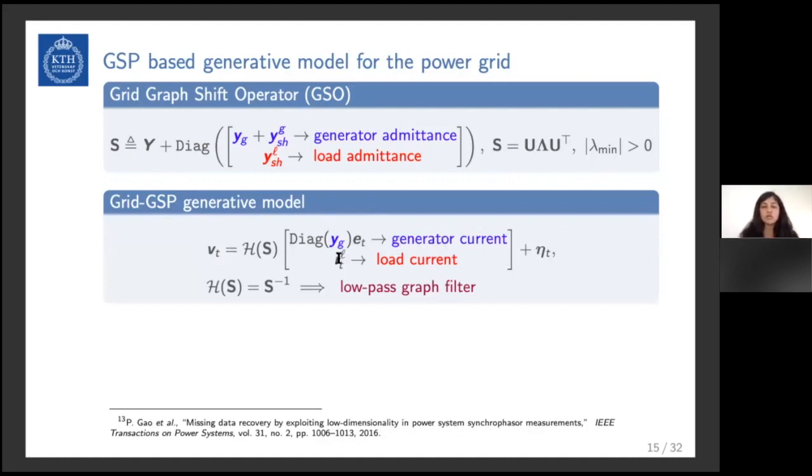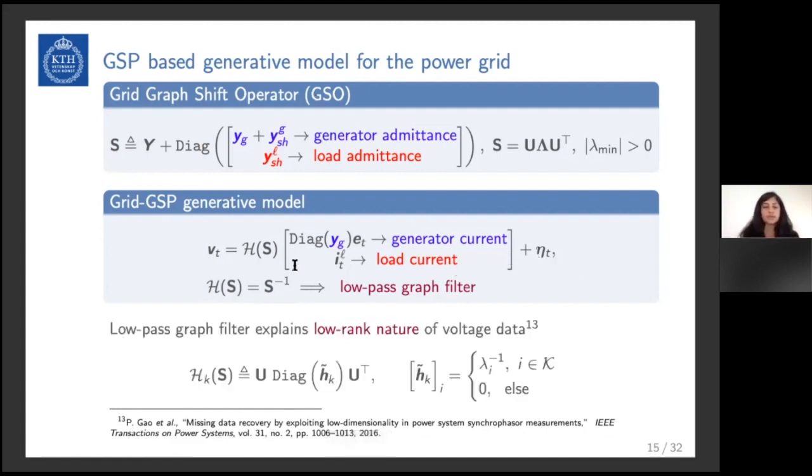Overall, this is just a rewrite of Ohm's law, which is, rather, voltage is equal to admittance inverse times the current. And very simply, the graph filter here is just S inverse, the inverse of this graph shift operator.